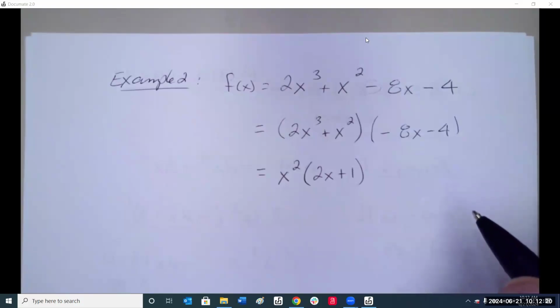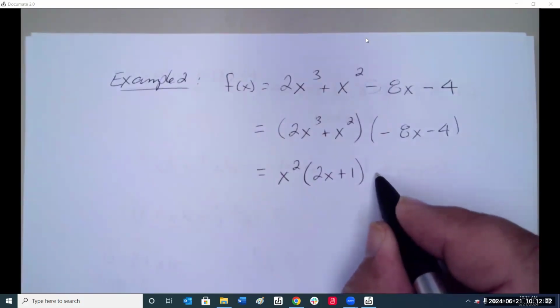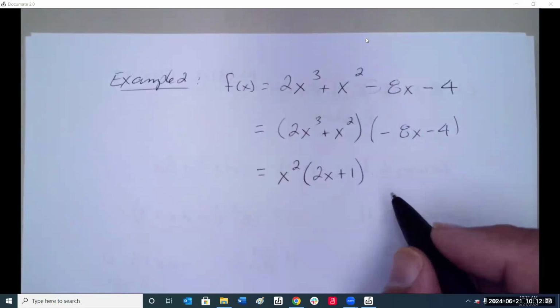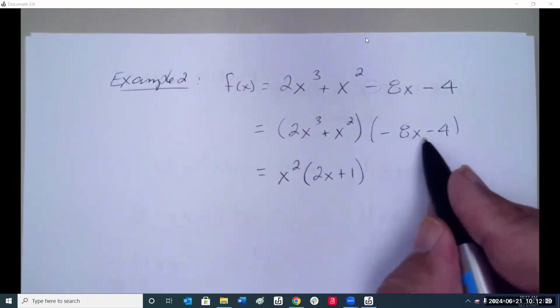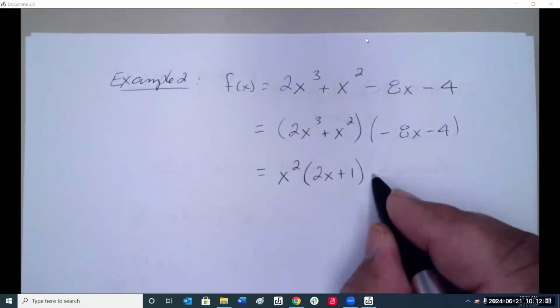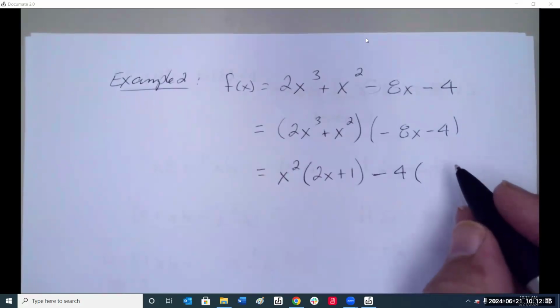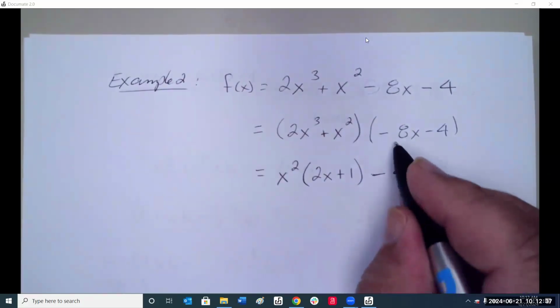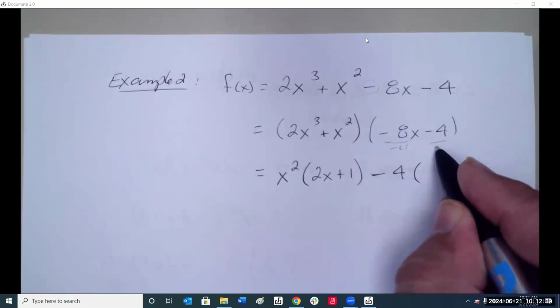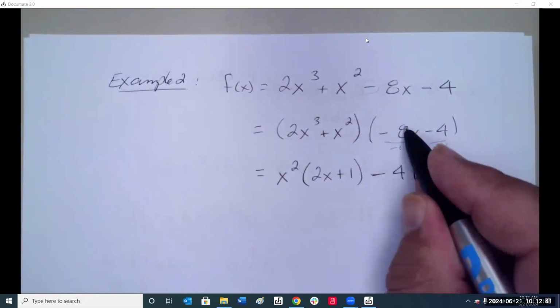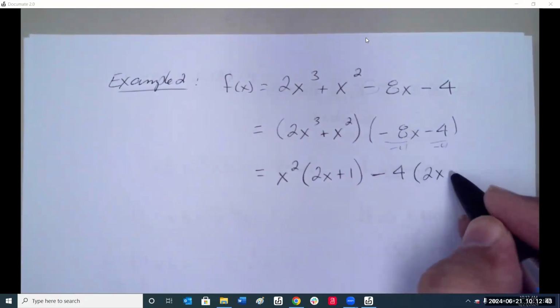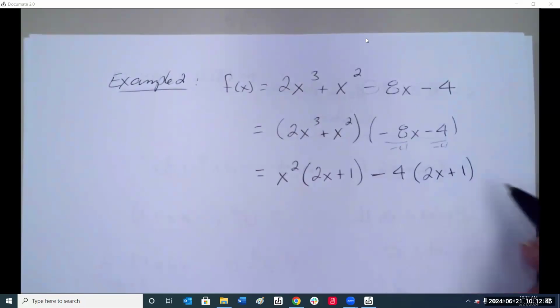And the second one. Negative 2. What do they both have in common? Oh, negative 4. Right, negative 4. And that's good. If we divide both of these by negative 4, this will be a positive 2x plus 1.